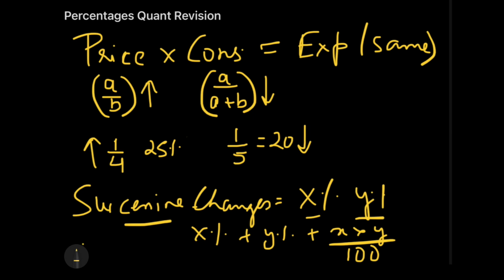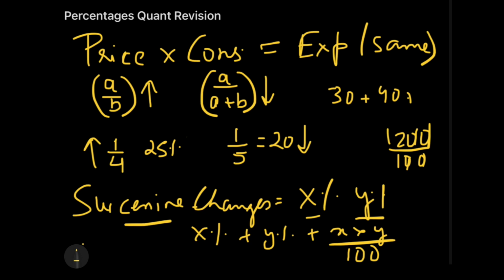For example, if one change is 30 and another is 40, then 30 plus 40 is 70, and 30 into 40 is 1200 divided by 100, that is another 12%. So 70 plus 12 gives you 82% of overall change. These are the kinds of things you need to understand with successive changes.